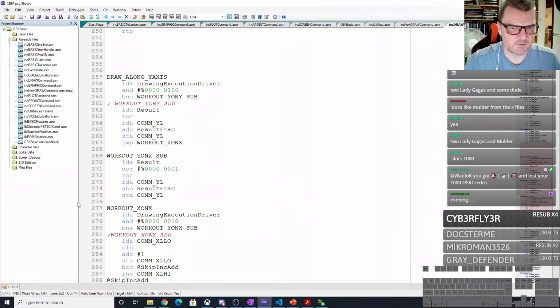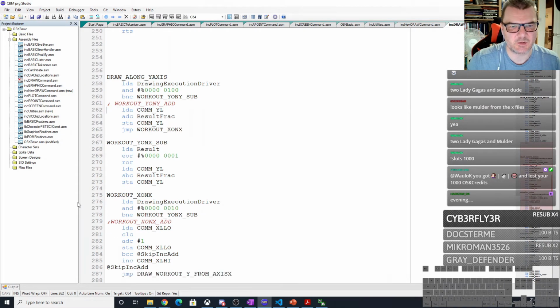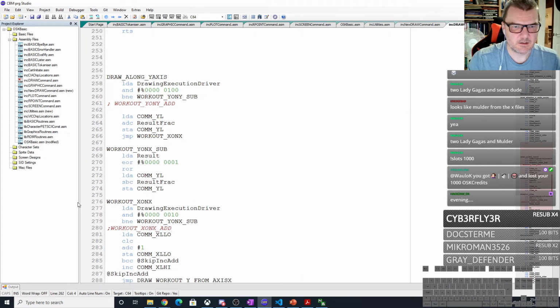So we're not loading the result because we're running through y, so y is just going to be a simple clear carry, load that, add one, store it.